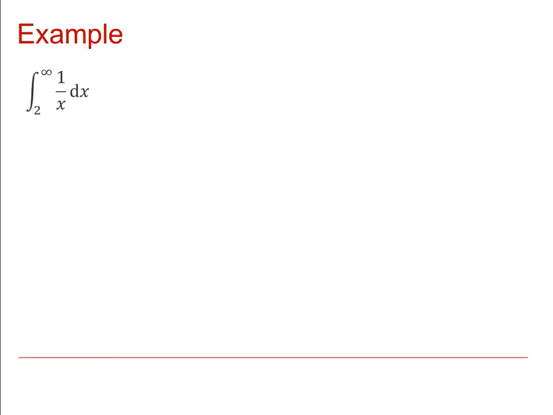Well, to do this we replace infinity with some value a and then integrate the integral with the limits 2 and a, but look at what happens when a approaches infinity.